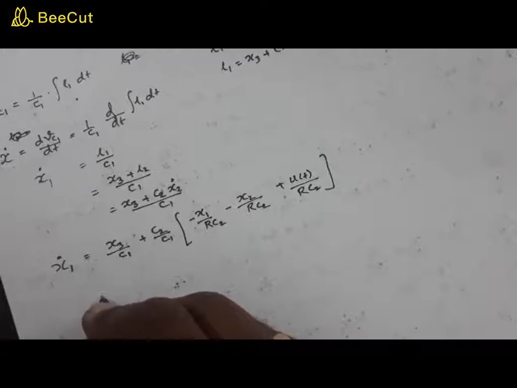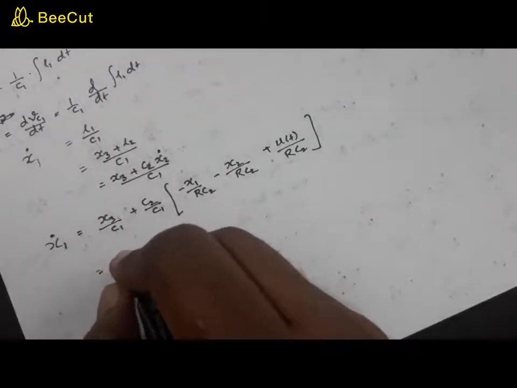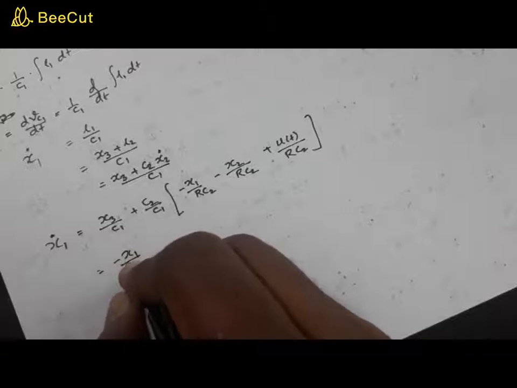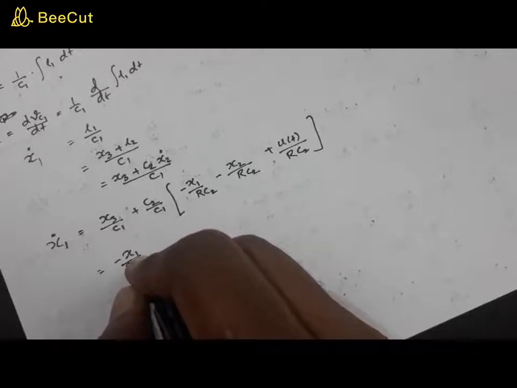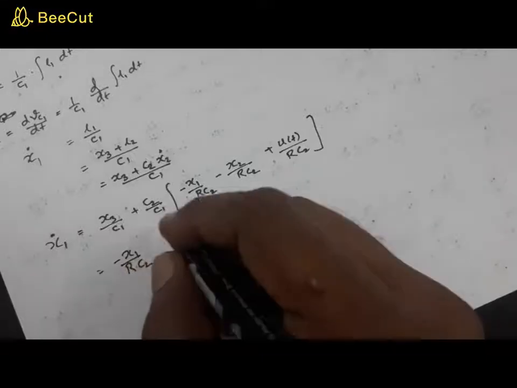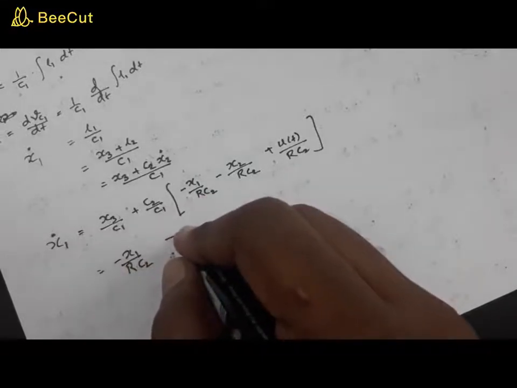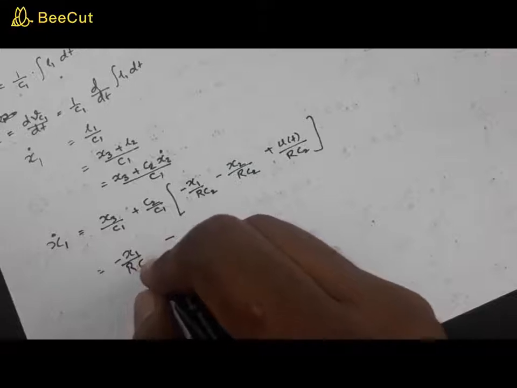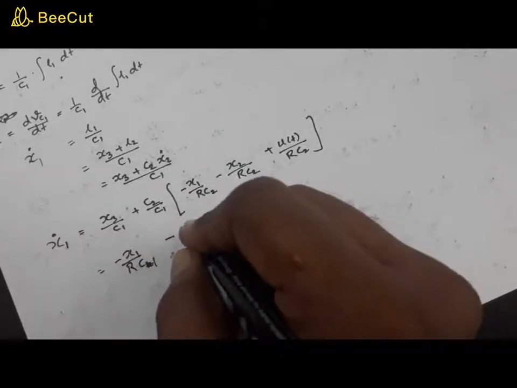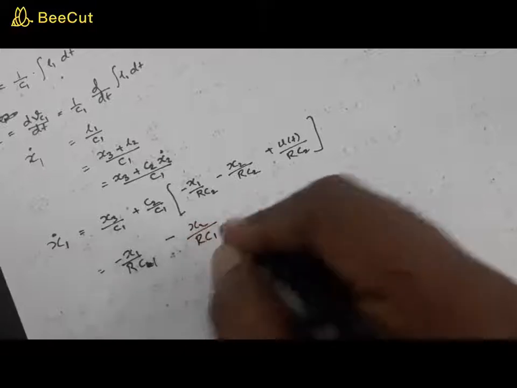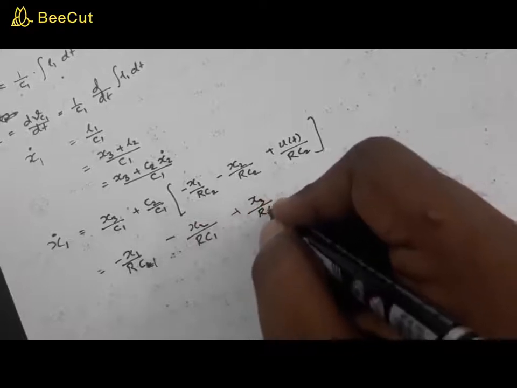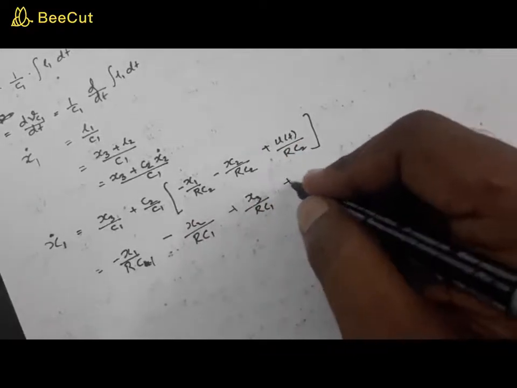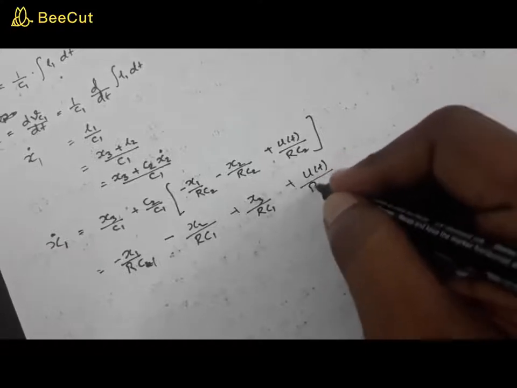So rearranging, you will be getting this as minus x1 by RC1, okay, minus x2 by RC1, right, minus x3 by RC1 plus u of t by RC1.